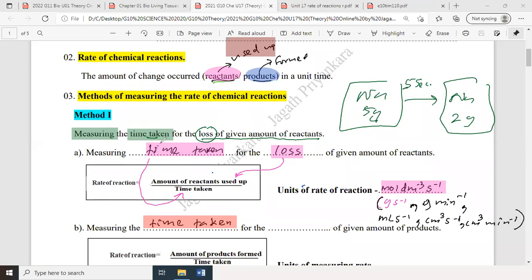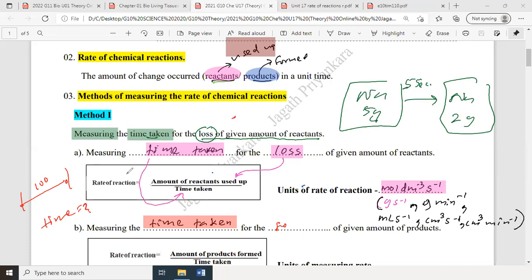What is the product here? 100 meters. You keep the distance fixed at 100 meters and you record the time taken by each person participating in that event. You check the time, you record. The same thing here. We keep the product fixed for the formation of a given amount of product. Say it is 100 meters.